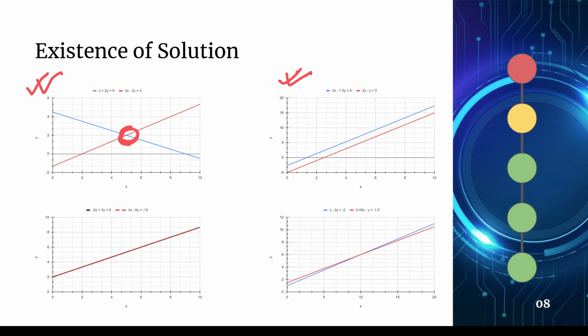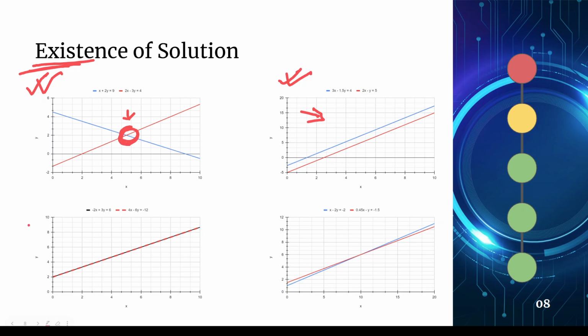They will never intersect at all. So this is another type of equation. If I am given this, you can say that there is no solution. The existence is null. Over here there was an existence of a solution, but over here no existence.